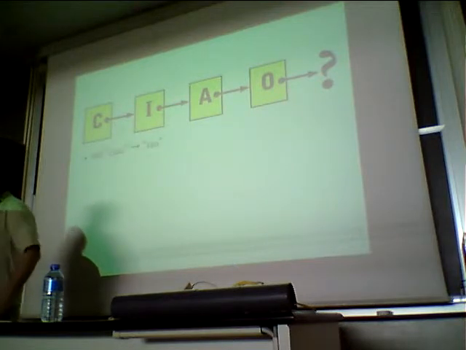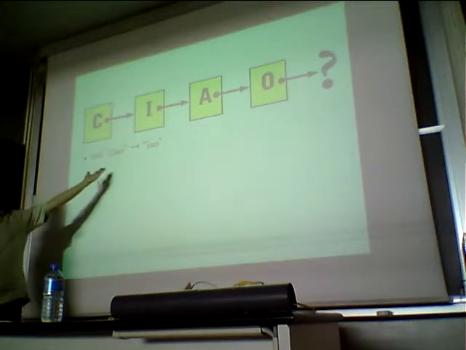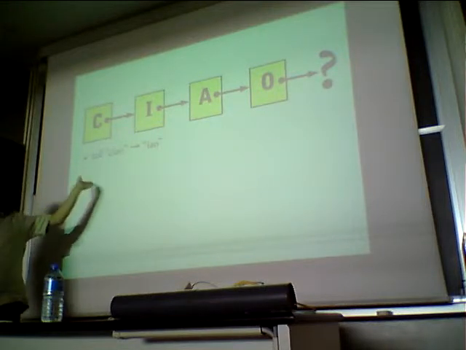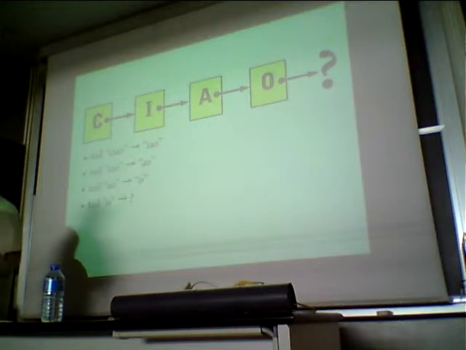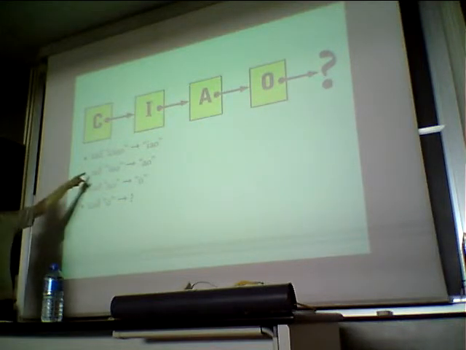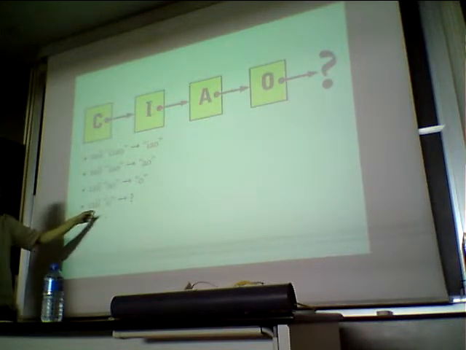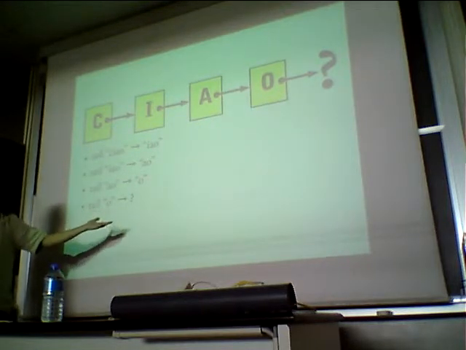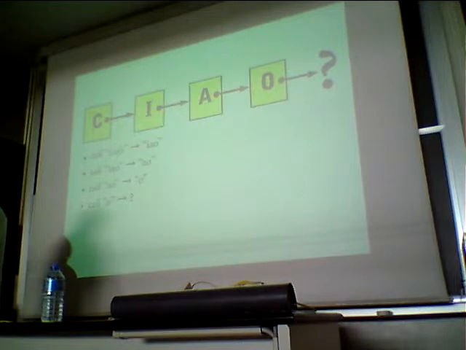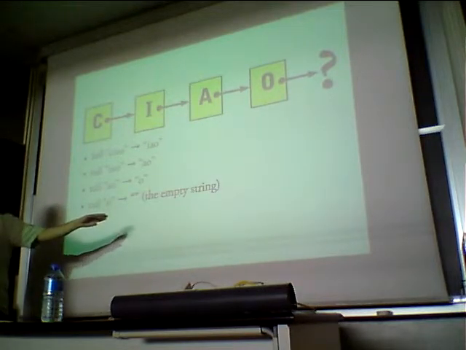But if you think about the word ciao, if you took the first letter off, you'd end up with IAO. And likewise, as you carry on tailing it, you get to an ever smaller string, up until the point where if you try to tail just the string O, what do you get? And obviously you'll get an empty string.